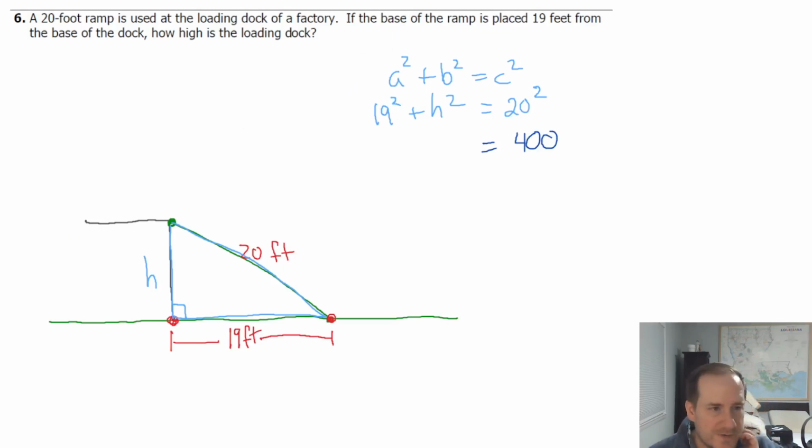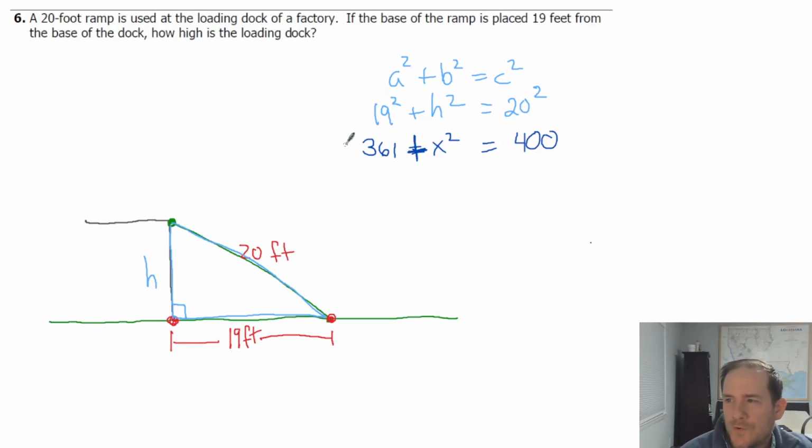19 squared, I don't know what that is, so just bring our calculator back. Okay, 19 squared is 361. Okay, so now to get h alone, you have to subtract 361 from both sides.